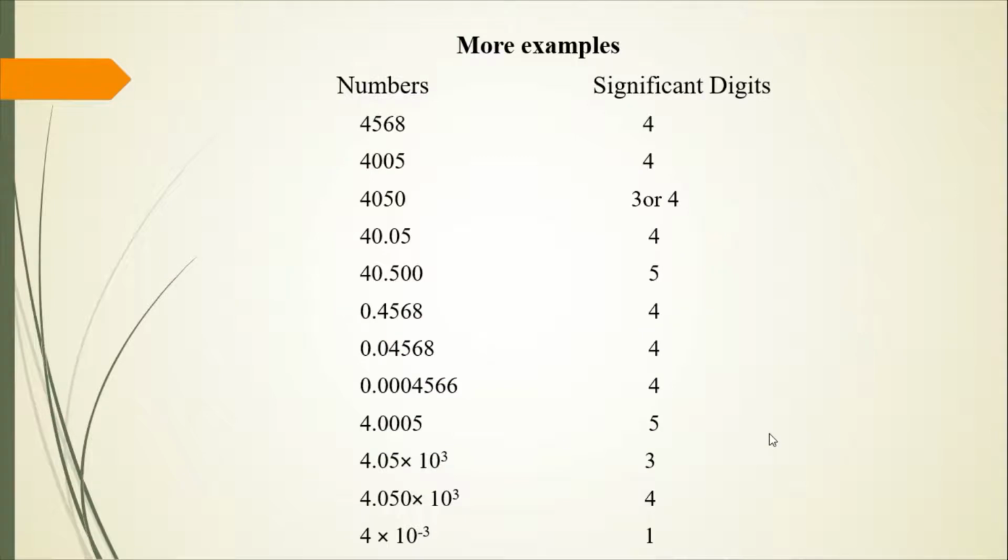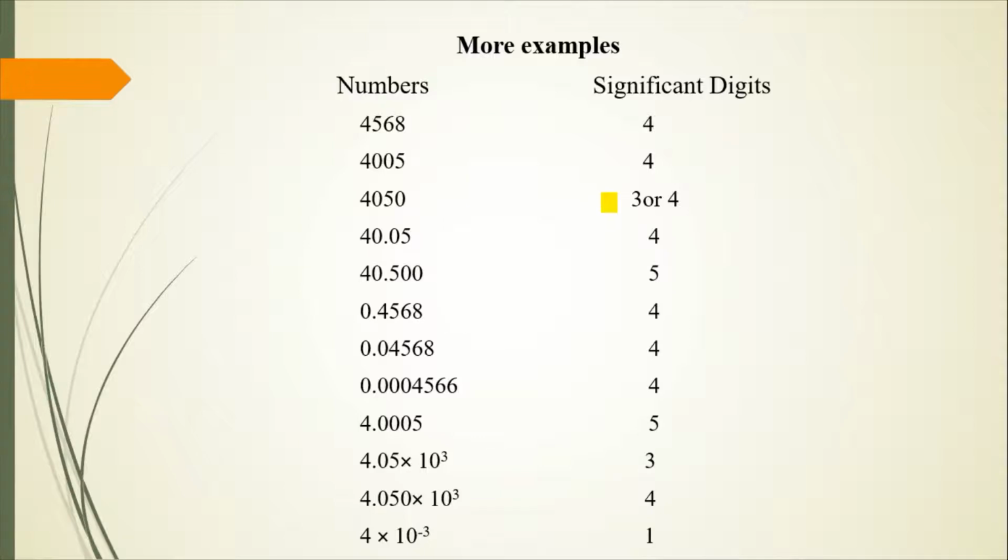Here are some more examples. First one is very simple, 4 significant digits. In the second one, 0 lies between non-zero digits, then we will count these zeros, so significant digits are 4. In the third example, one zero lies between 4 and 5 and the other is after 5. This zero is uncertain.